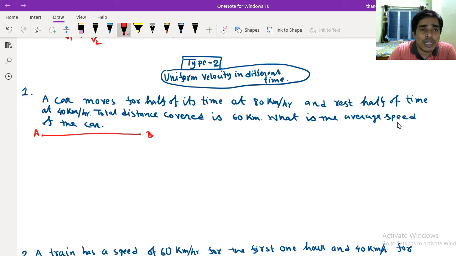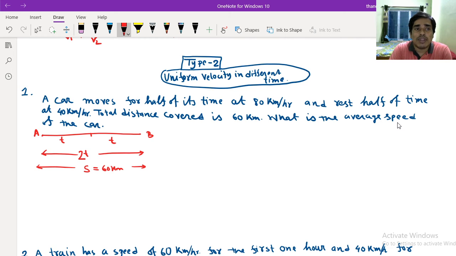Suppose the total journey time is 2t, then this time is t and another time is t. Total distance covered is S equals 60 km.